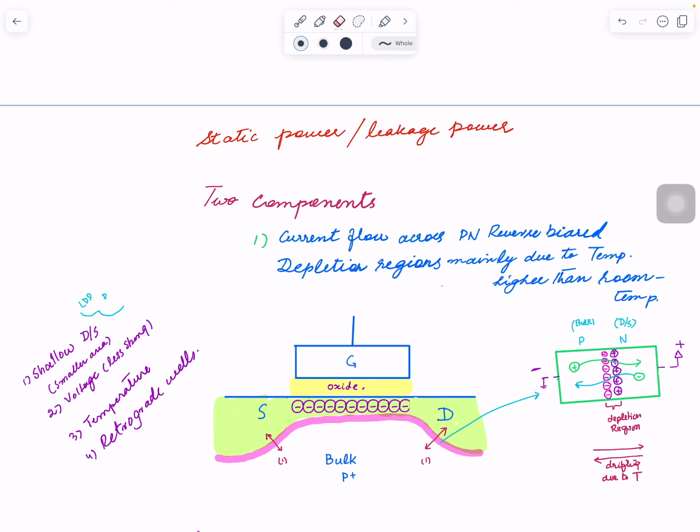In the equilibrium condition, as soon as you bring N and P together, holes from this side quickly try to get here and combine with the electrons. As soon as they leave, you are left behind a kind of negative charge.